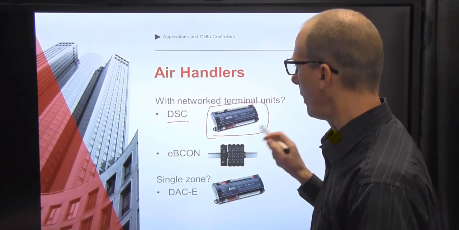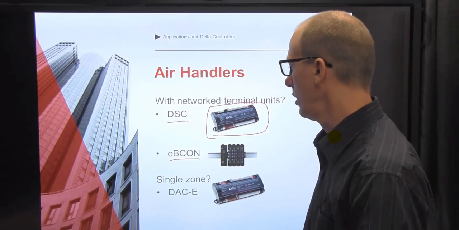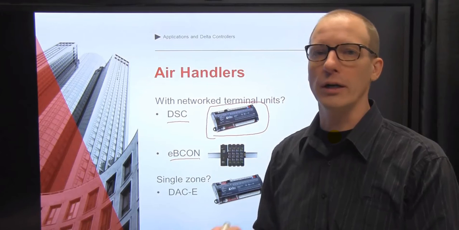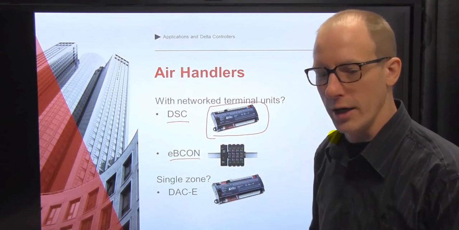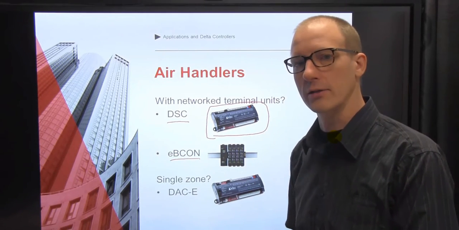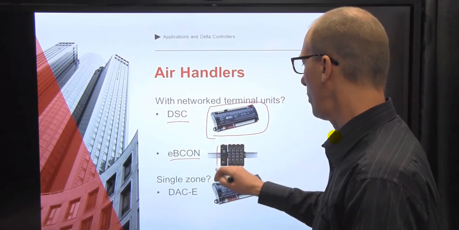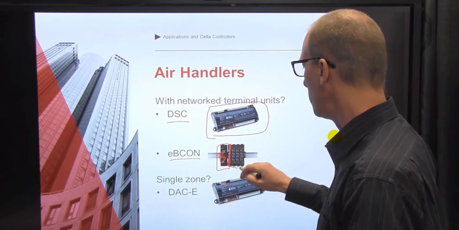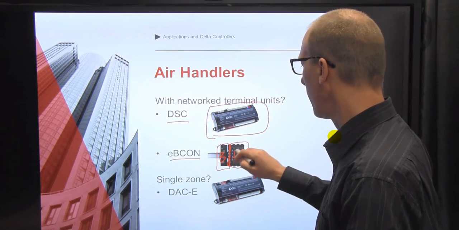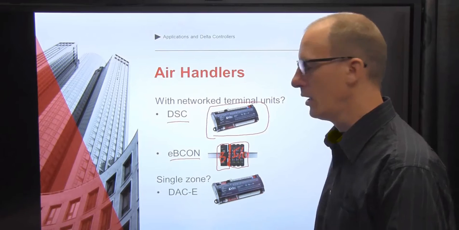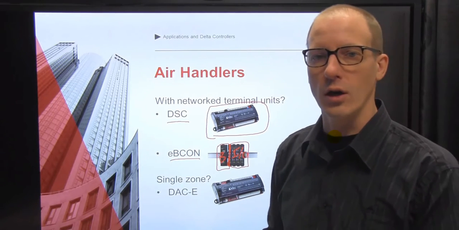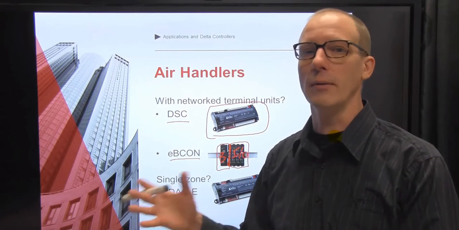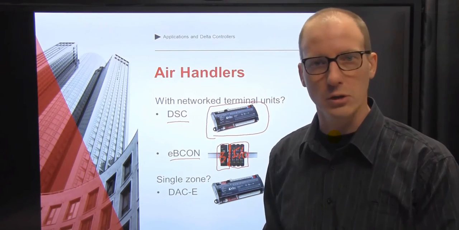The other possible option is the EBCON, and the EBCON is a newer product than the DSC. It has more memory, it has a faster processor, but perhaps the more important aspect is that it's very modular. The EBCON has a brain part of it, and then it has I/O modules, and the I/O modules allow an awful lot of flexibility, because they can be customized to the specific application's needs in terms of how many inputs you need, how many outputs you need, and what style of outputs you need.